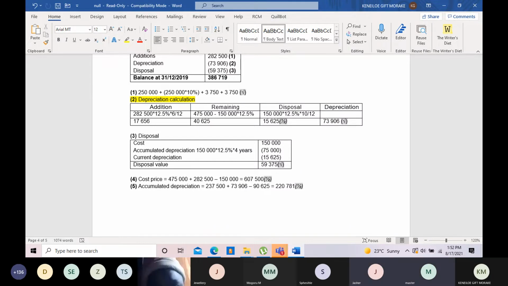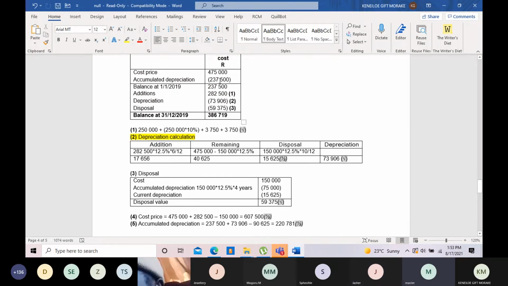All right, so you see that amount there. You take the 237,500. You add the depreciation of 73,906.